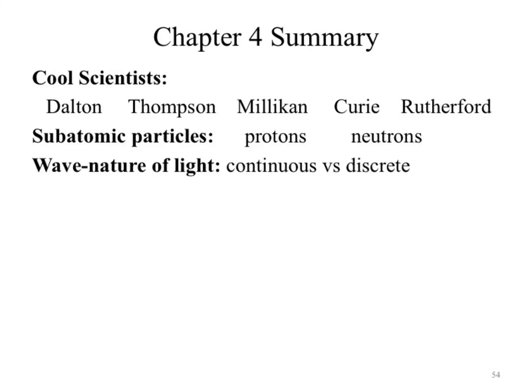We then move into the wave nature of light. This is continuous versus discrete. Those 2 terms are important terms. What's an example of continuous? A ramp, okay, is continuous. What's an example of discrete? Staircase. Bohr was a discrete gentleman, meaning what was his whole conclusions? We got another famous scientist here.